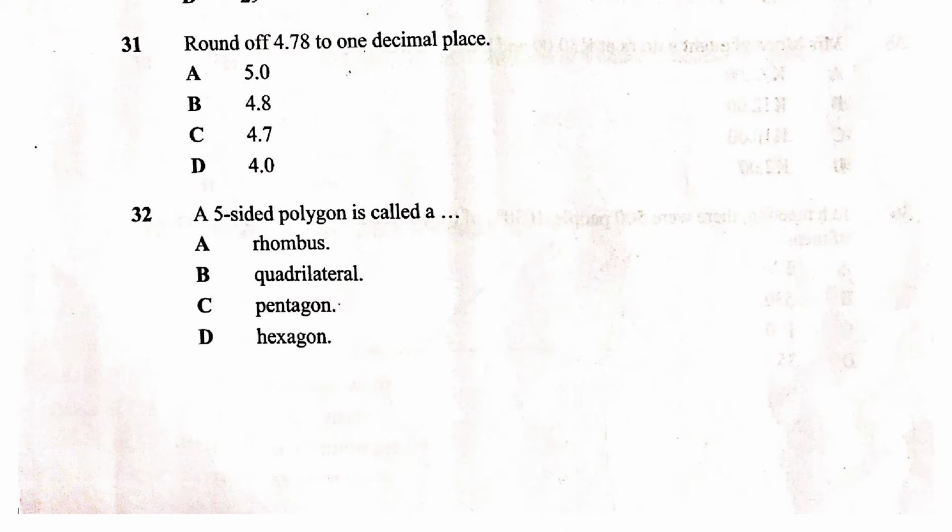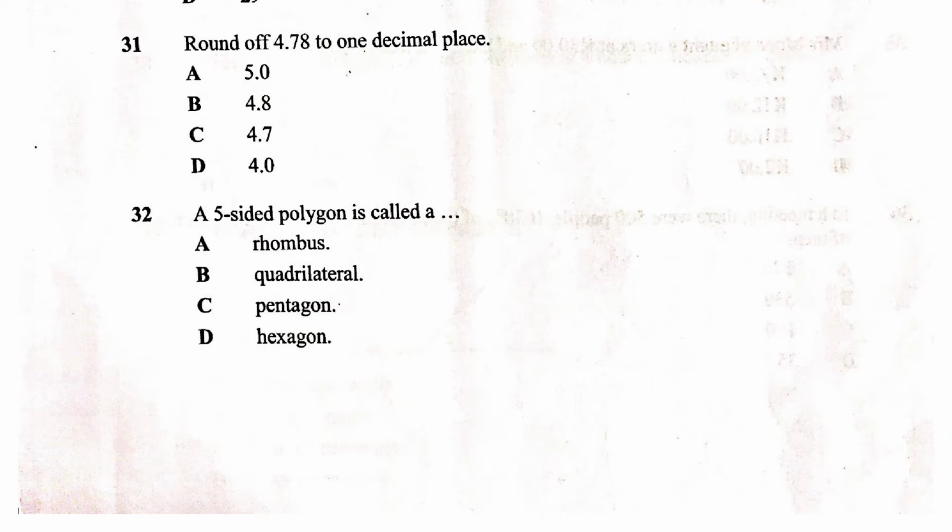We go to question number 32. A 5-sided polygon is called, you remember, a polygon is a closed flat shape made from straight lines.